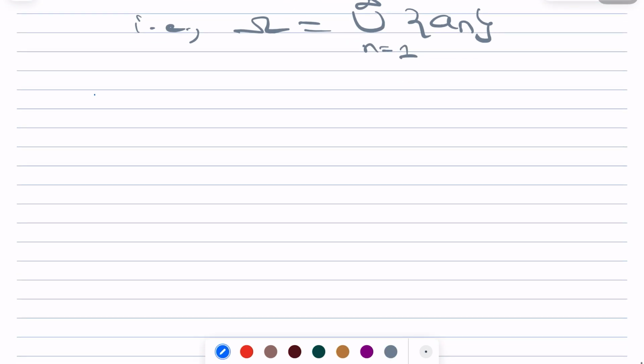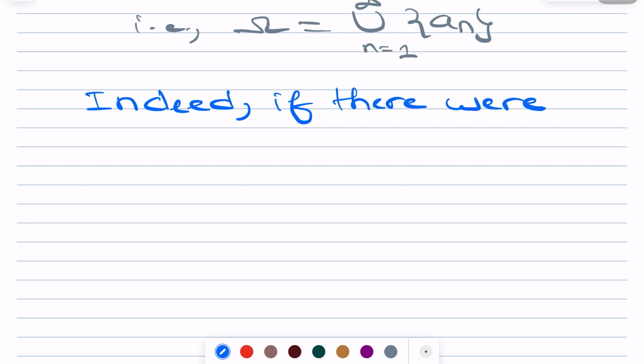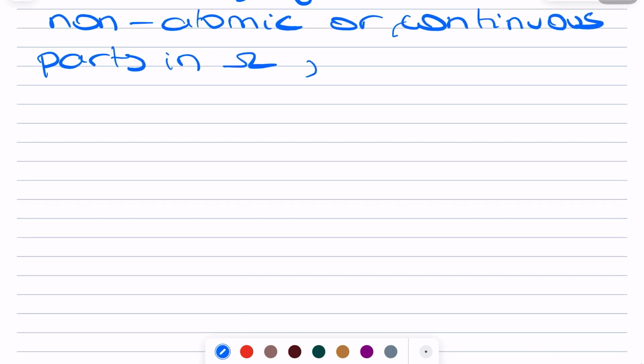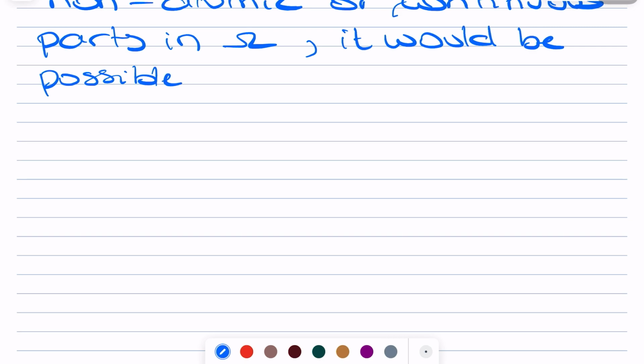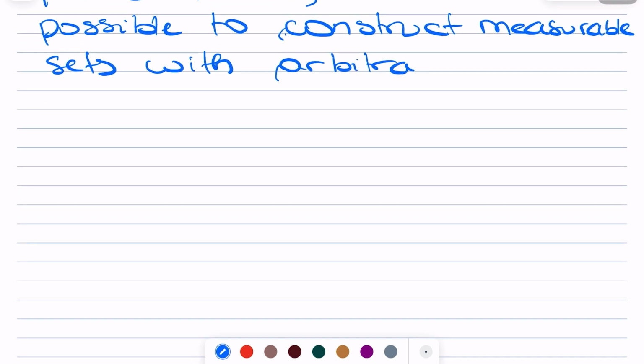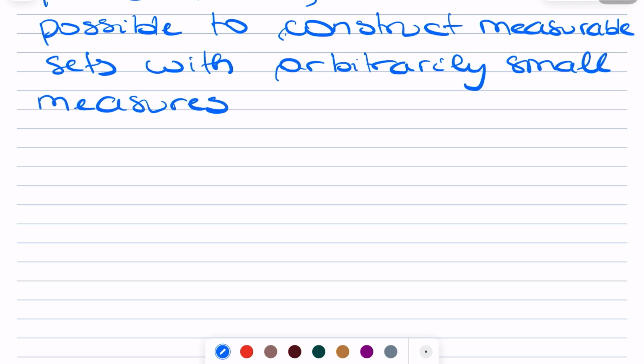Indeed, why is omega purely atomic? If it were non-atomic, or continuous, in omega it would be possible to construct measurable sets with arbitrarily small measures within those regions.